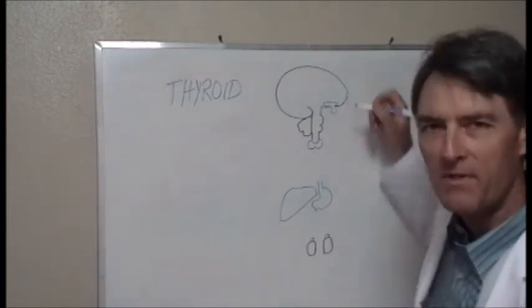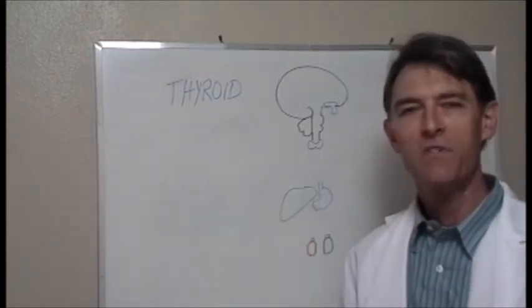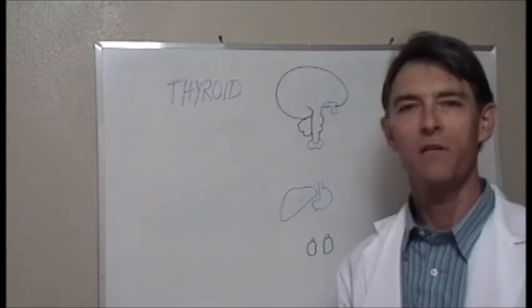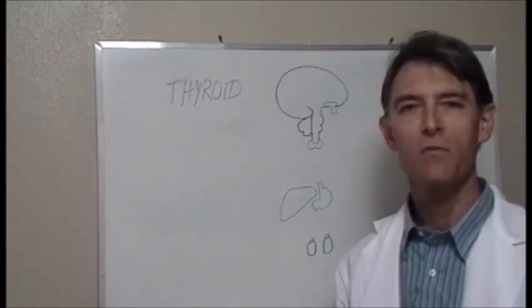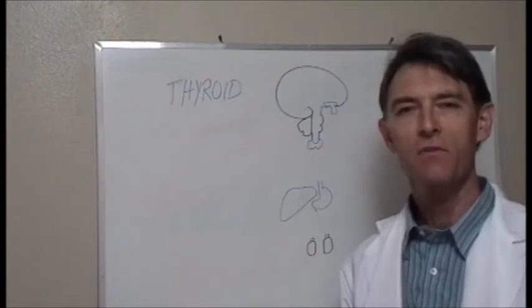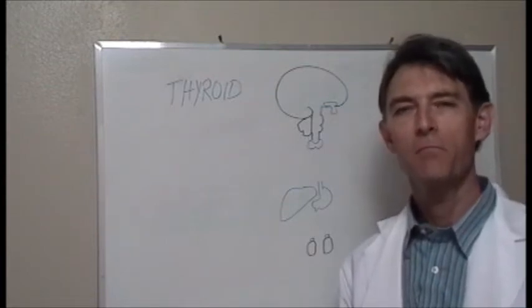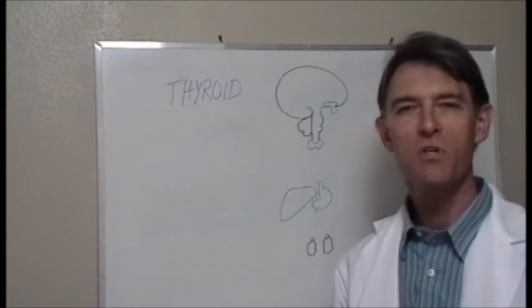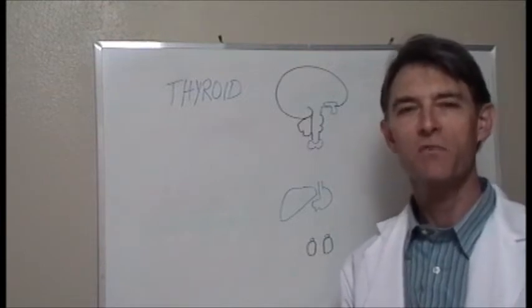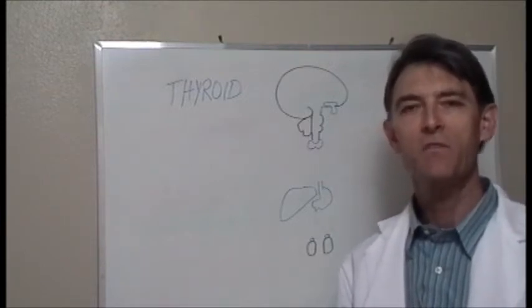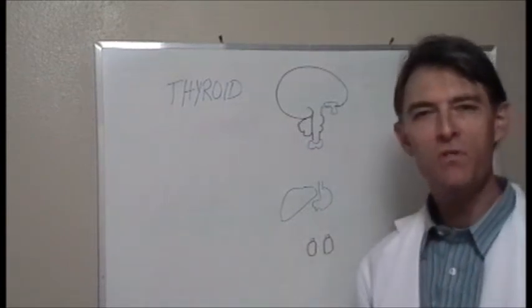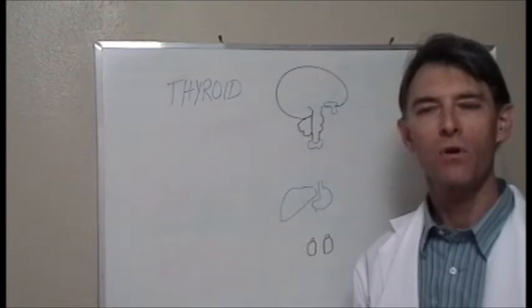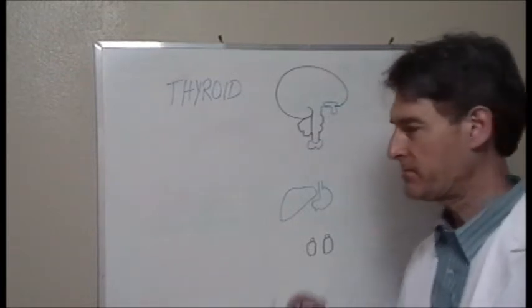The hypothalamus is part of the brain that receives input from all parts of the body. Biochemistry, it receives glucose levels, fatty acid levels, metabolic temperature changes, all this information, and then it tells the pituitary, the anterior pituitary, what kind of hormones to make.